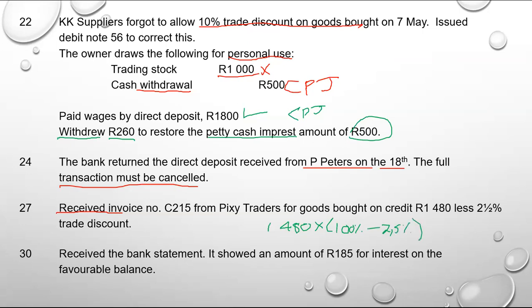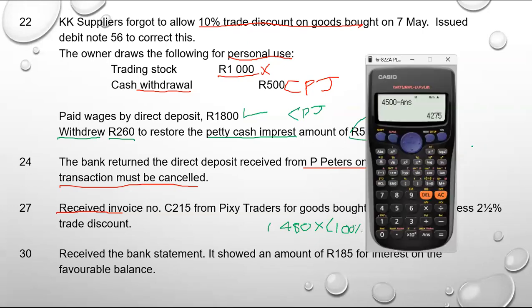And how much will we receive here? 1,480 multiplied by 100, shift percentage, minus 2.5, shift percentage, close brackets. So these goods, we bought them for 1,444.